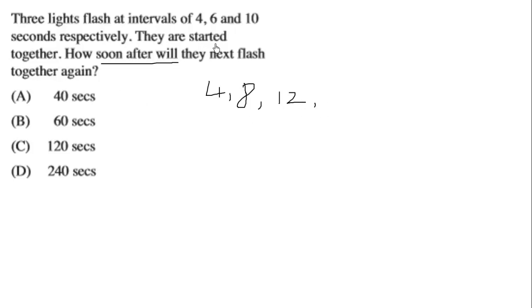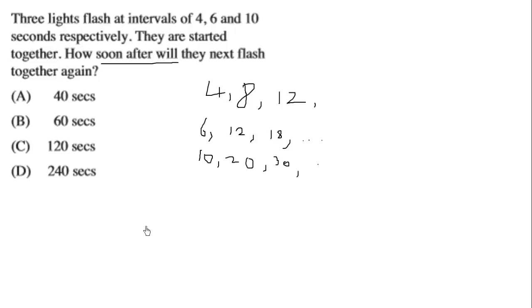The one in intervals of 6 will go 6, then 12, then 18. The one at intervals of 10 will go 10, then 20, then 30. So it means we need to find the least common multiple of 4, 6, and 10.